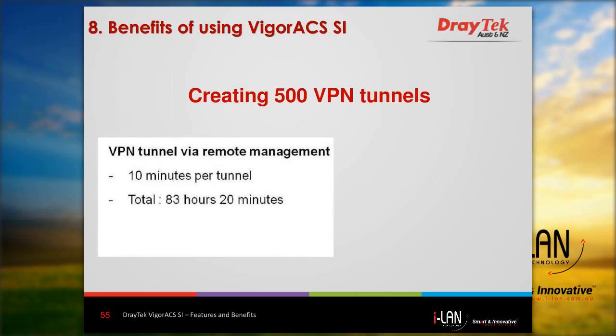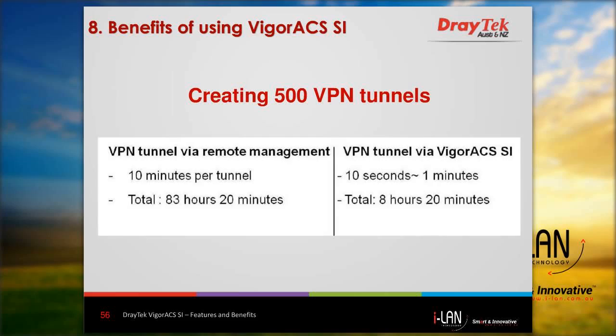So if we allow 10 minutes for each VPN tunnel, then creating 500 VPN tunnels will take roughly about 83 hours and 20 minutes. But as you saw in the video that we just presented, creating a VPN tunnel is much faster and will take between, say, 10 seconds to 1 minute.